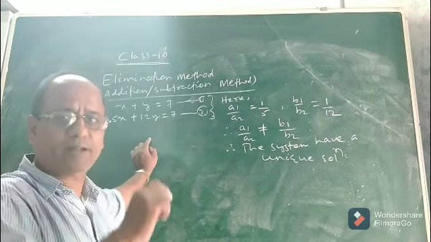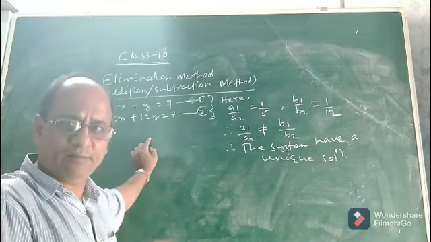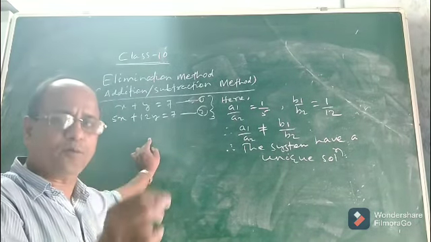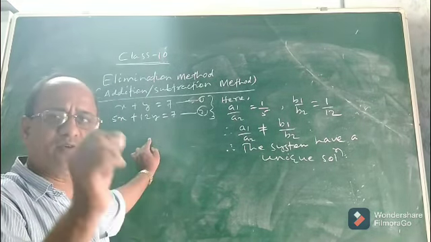So you may eliminate x first or you may eliminate y first. It is up to you. Suppose I decide to eliminate x. Let us eliminate x from both the equations first. Suppose I decided that I will eliminate the variable what?